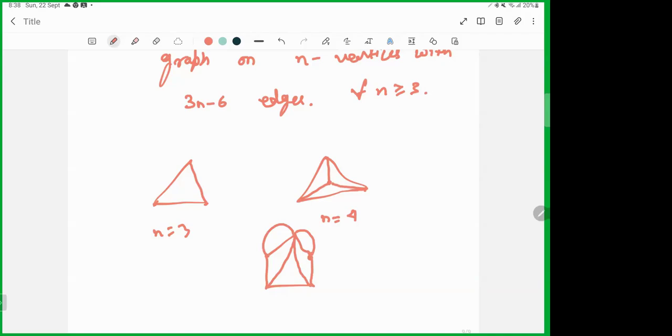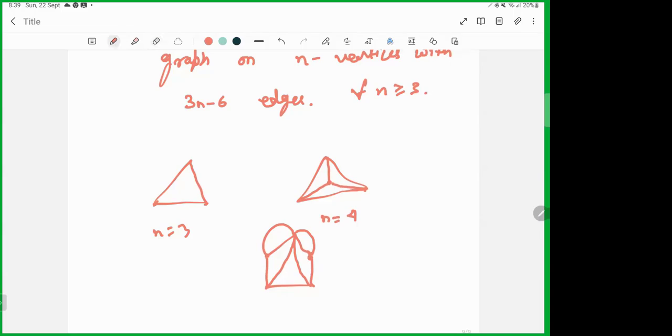How many did we get? 1, 2, 3, 4, 5, 6, 7, 8. And then add another one from the top left to bottom right. That's not a correct edge, no? They are already adjacent. So the top left to bottom right.